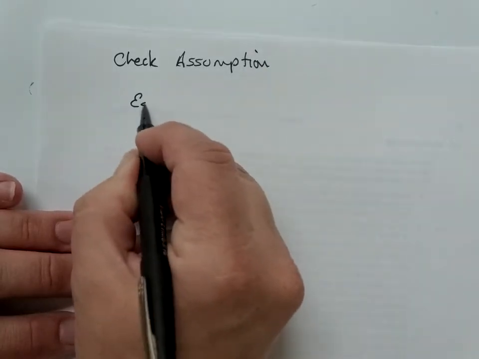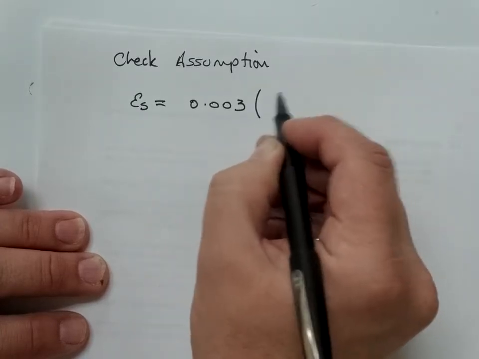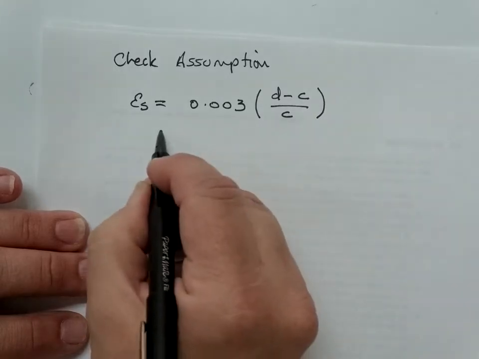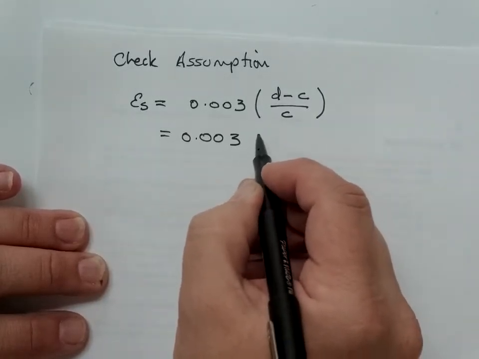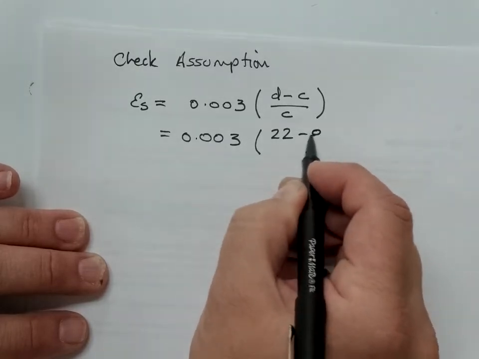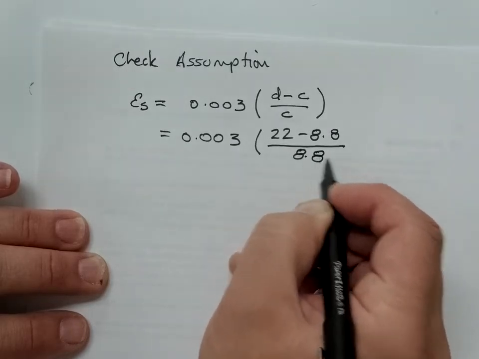The strain in the steel is equal to 0.003 multiplied by d minus c over c, which is equal to 0.003 multiplied by 22 minus 8.8 divided by 8.8.